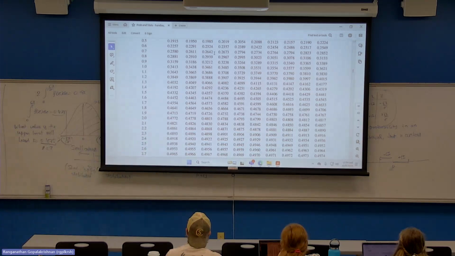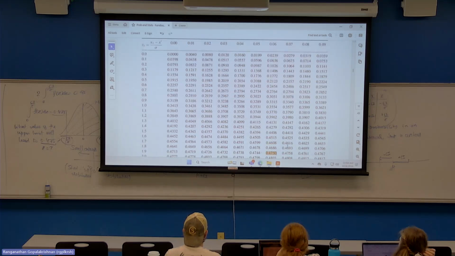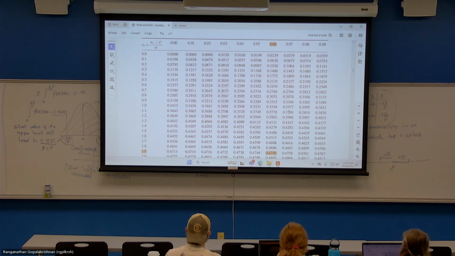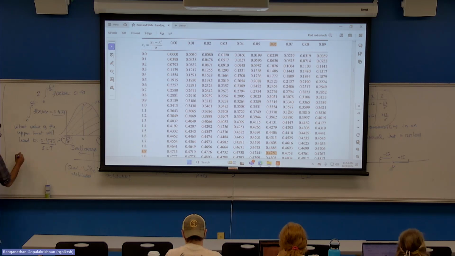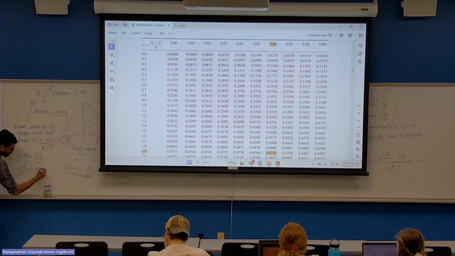If I scroll up a little bit, it happens to be 1.96. So here is 0.06 and here is 1.9. So the z value is 1.96. That is equal to Ci over sigma, or Ci is equal to 1.96 times sigma.